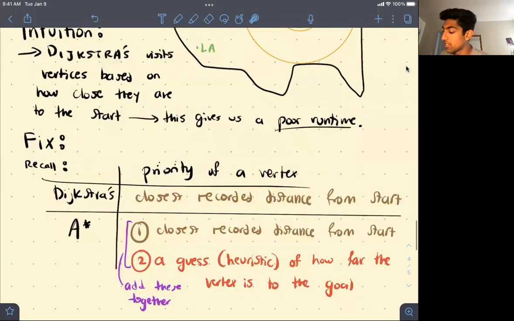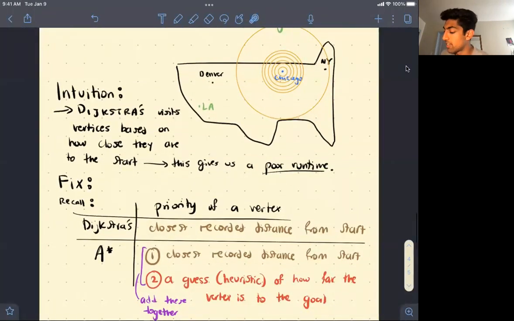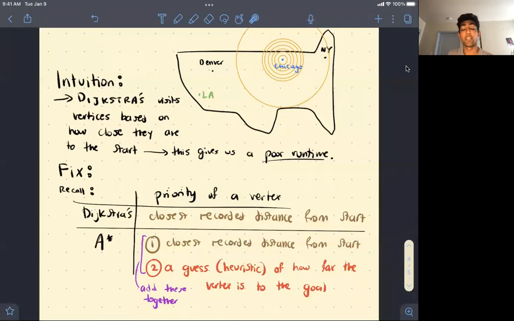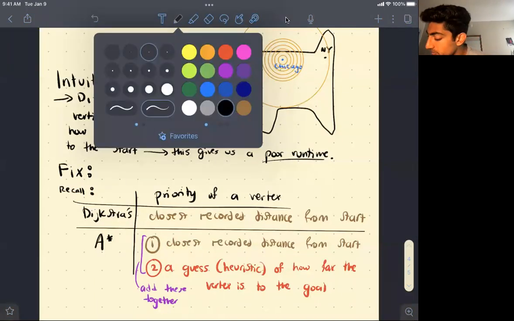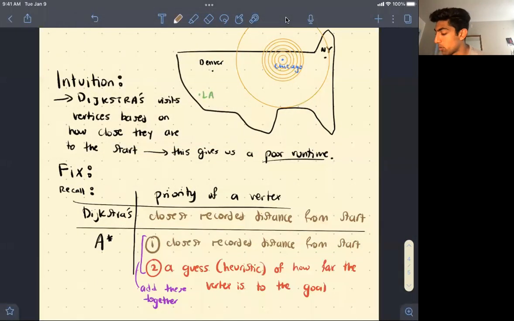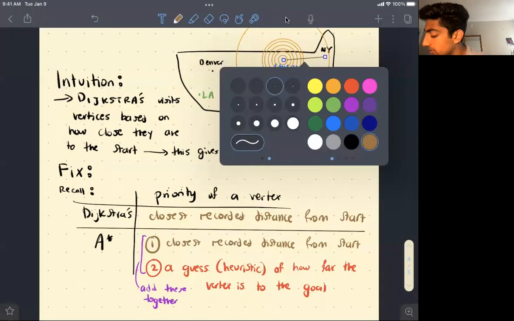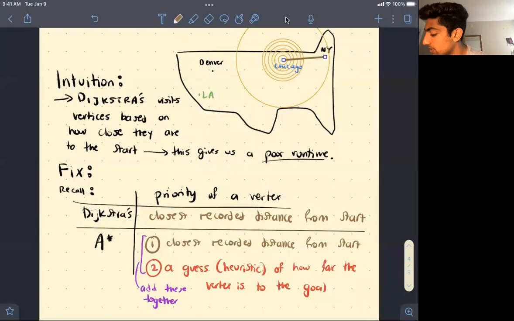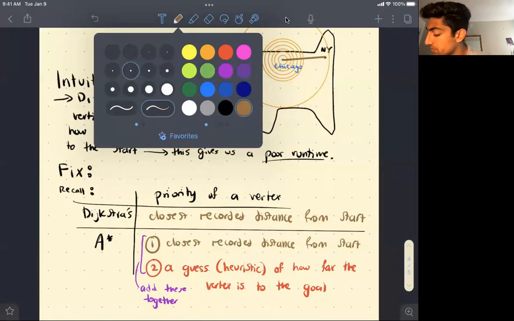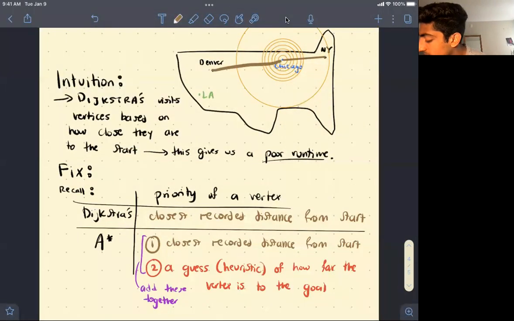All right. So let's come back here and look at our example so that we can understand what this means. The first component would be this brown line, right? Let me make that a little thicker so we can all see. The brown line is the closest recorded distance from the start.